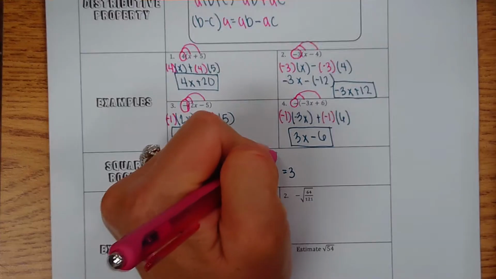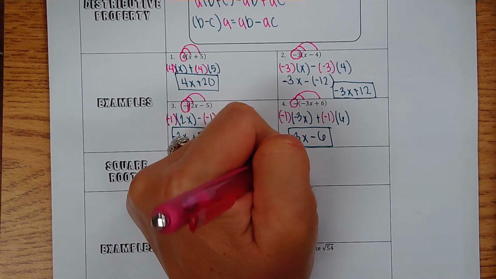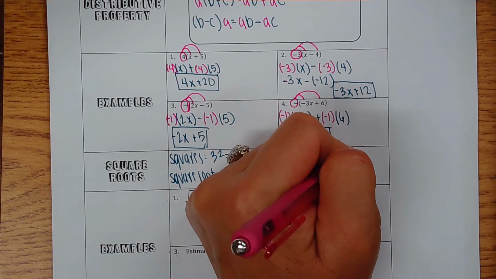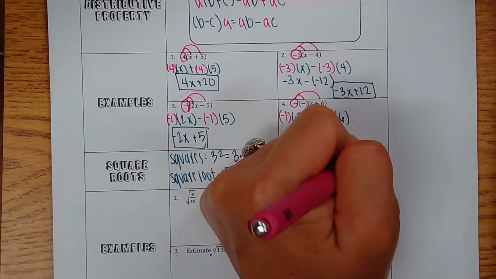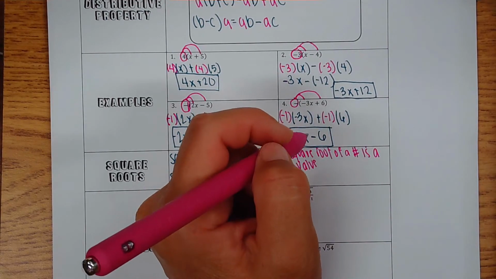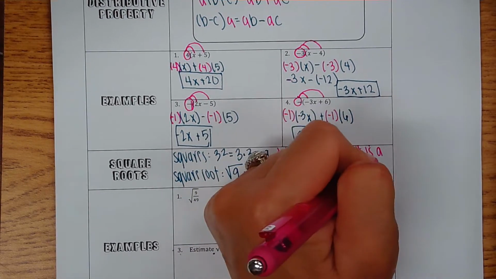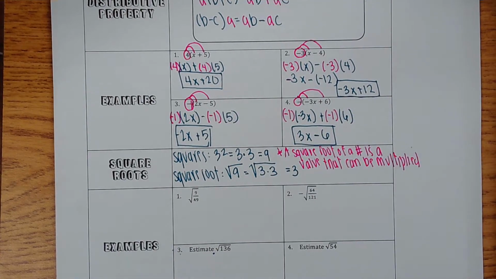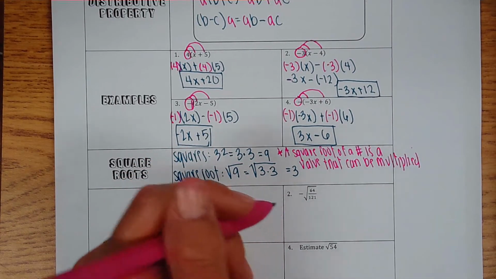All right, so let's write this out in layman's terms. A square root of a number, I'm using this as the number sign in addition to a hashtag, is a value that can be multiplied by itself to give the original number.